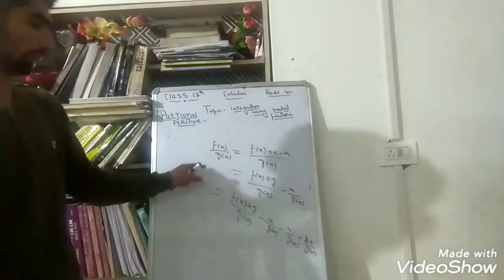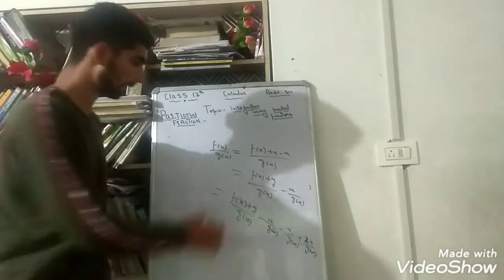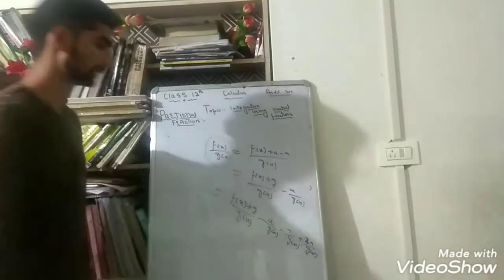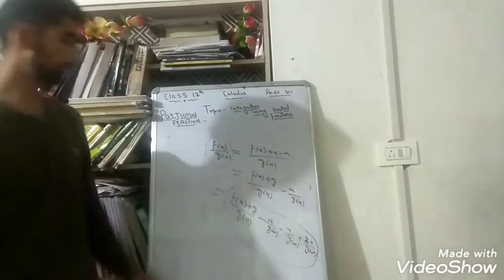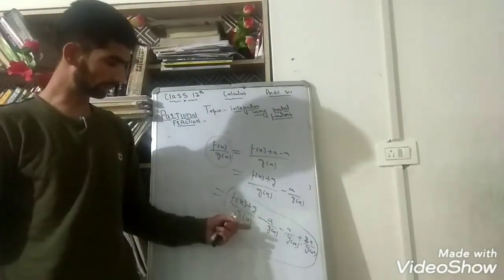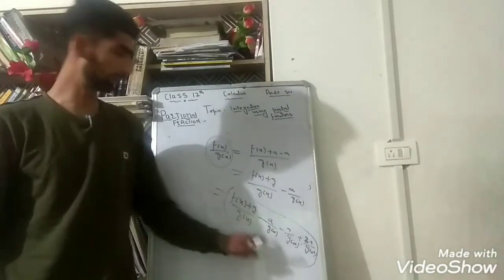So I am expressing a proper fraction in terms of several fractions, each having denominator g(x).